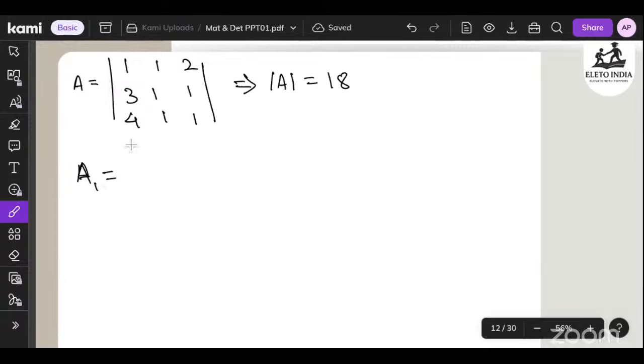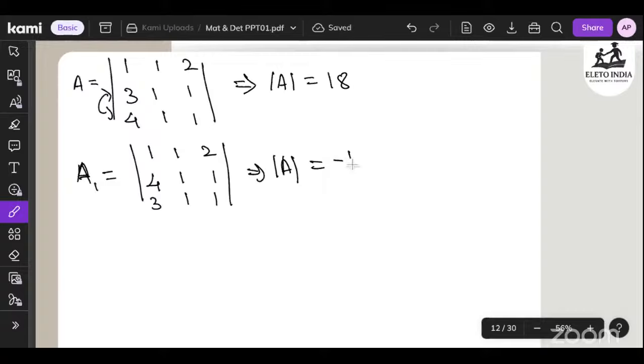Let us take A1, and it will be 1 1 2, 4 1 1, 3 1 1. We have interchanged these rows. If you take the determinant again, you will get minus 18 as your answer.